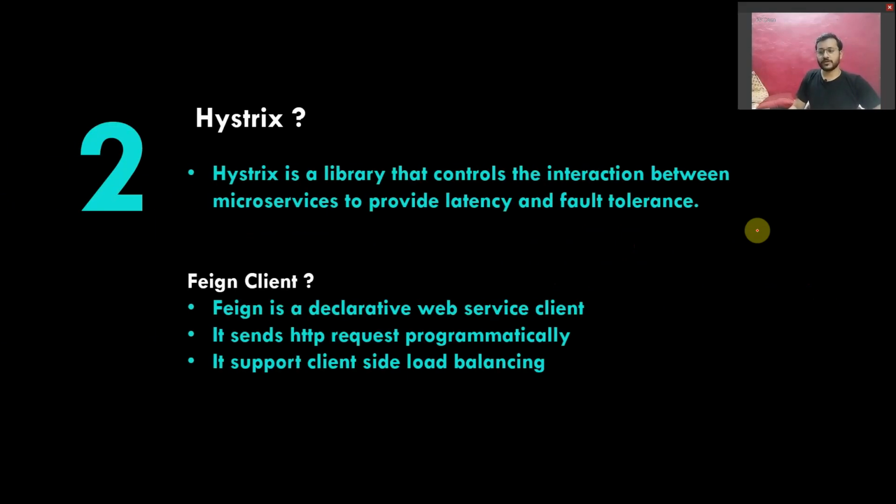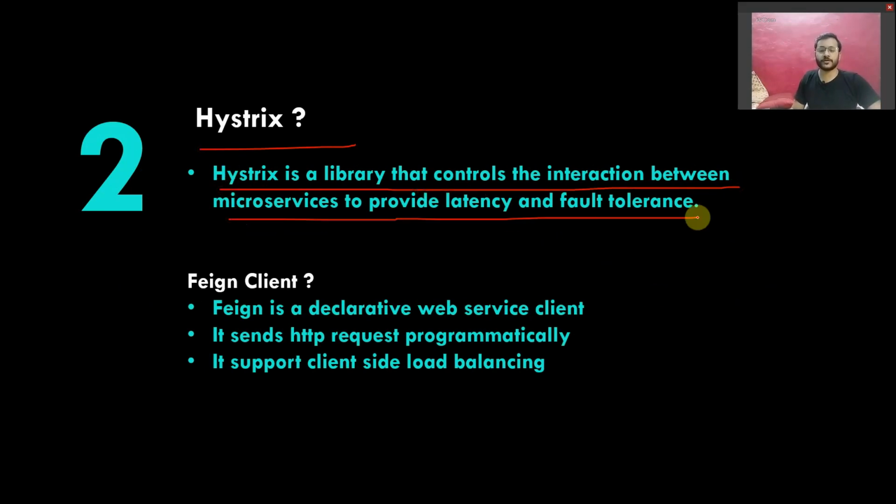Now what are we going to do in this video, that is Hystrix. Just check this definition. We will see it in detail in the next slide. So Hystrix is a library that controls interaction between microservices to provide latency and fault tolerance.